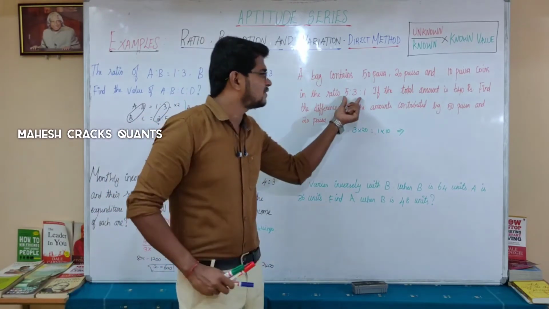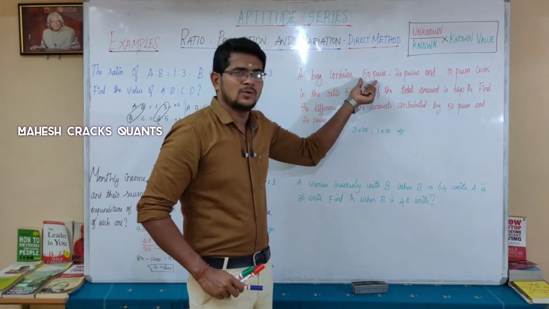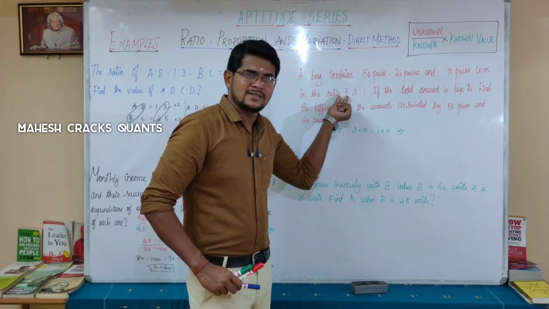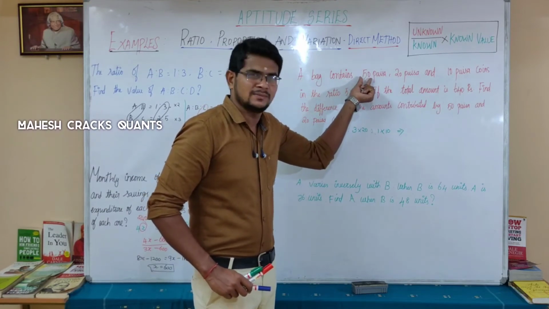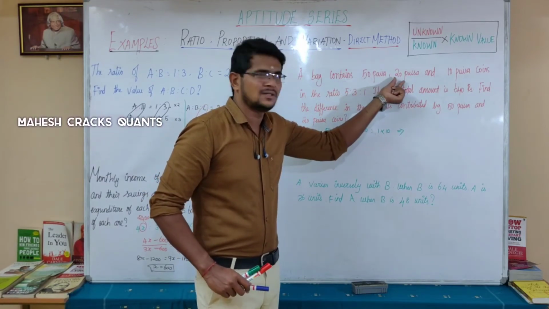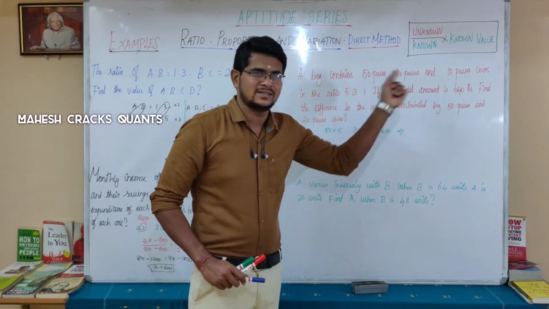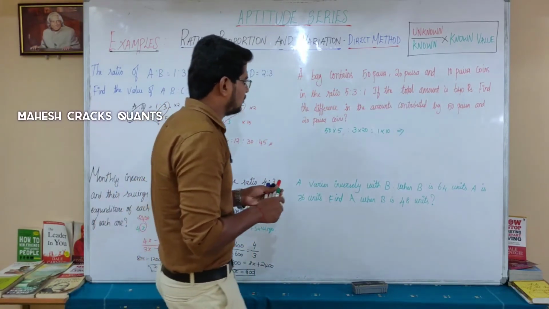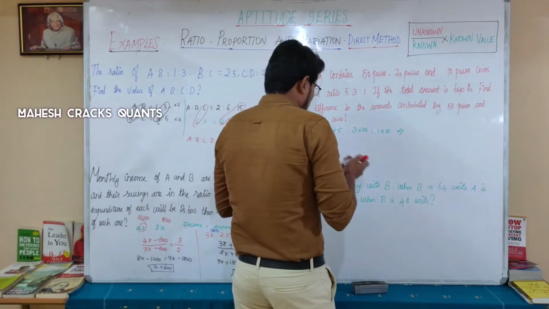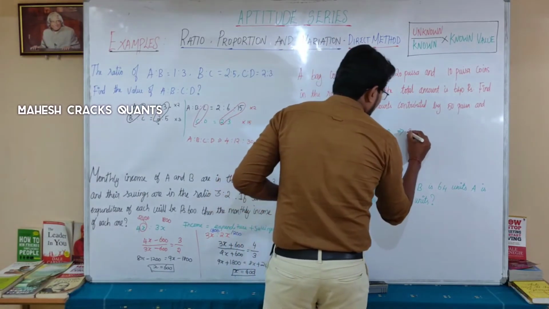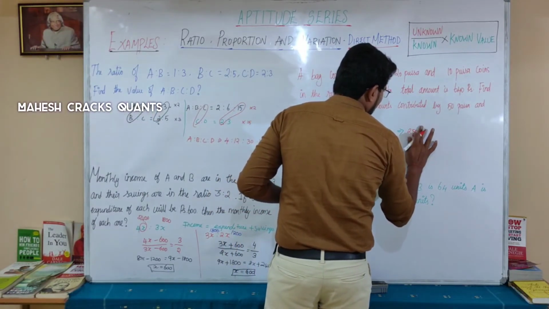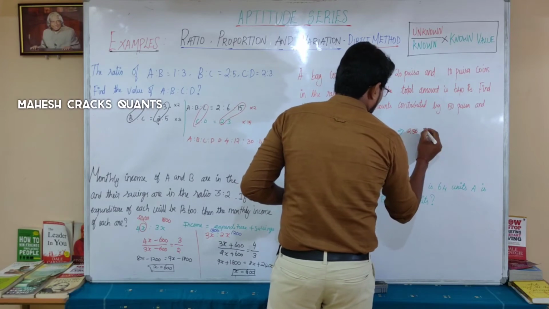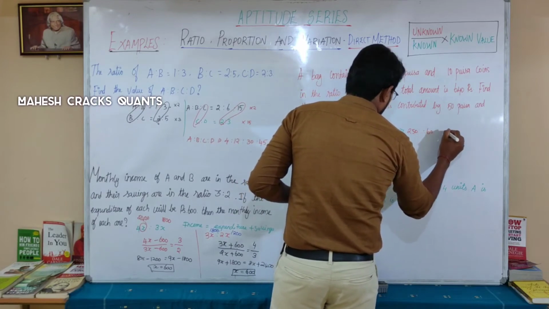So this is the ratio of number of coins, and this is the amount. If there are 5 50 paise coins, that is equal to 3 20 paise coins and 1 10 paise coin. If you calculate, you will get the amount ratio. So the ratio is 250 paise is to 60 paise is to 10.